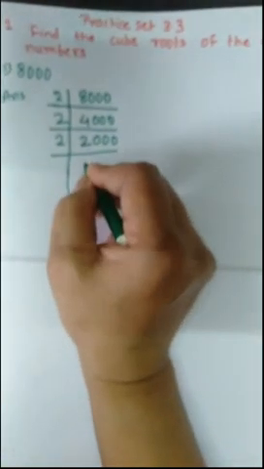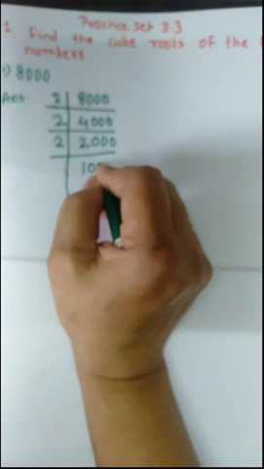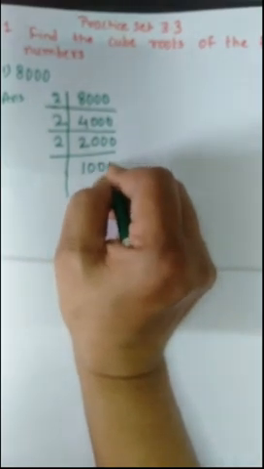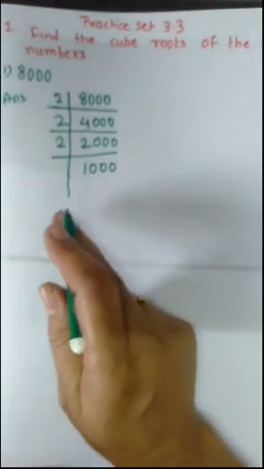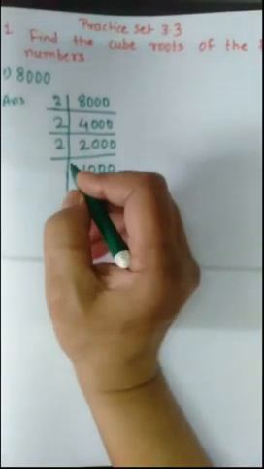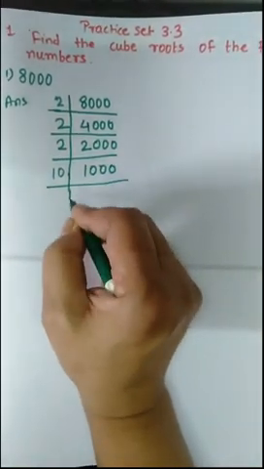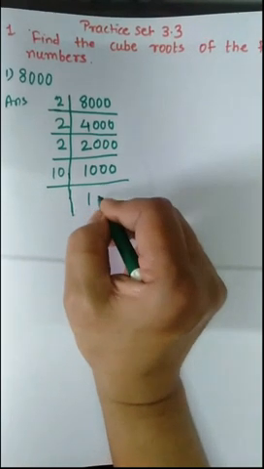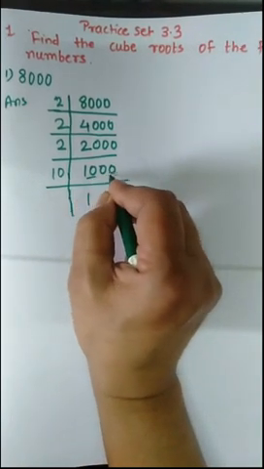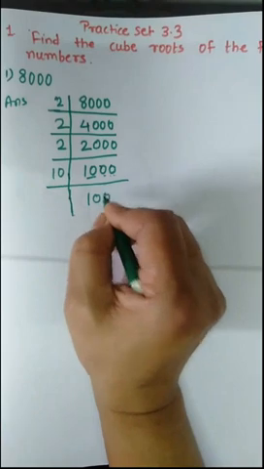Again it is divisible by 2. So 2 ones are 2, 0 as it is. Now 1000 is divisible by 10. So 10 ones are 10, 10 ones are 10 and the remaining 2 zeros as it is.